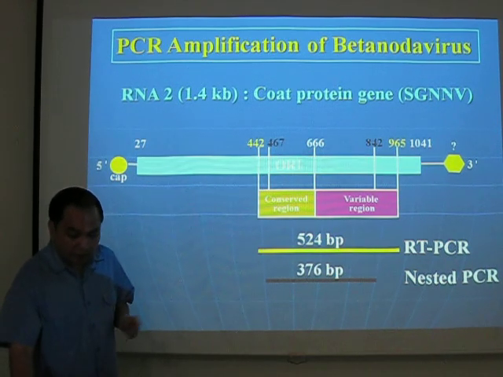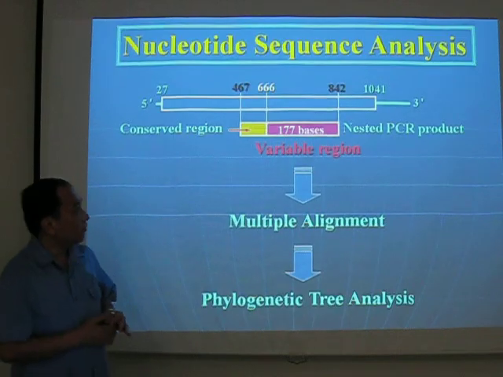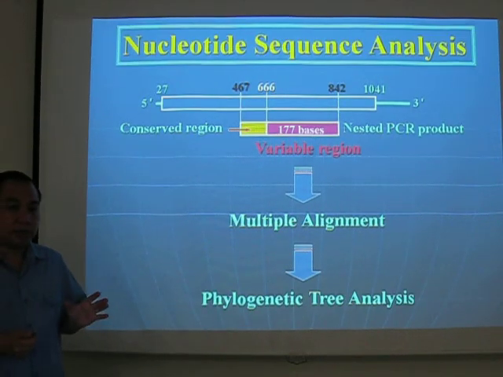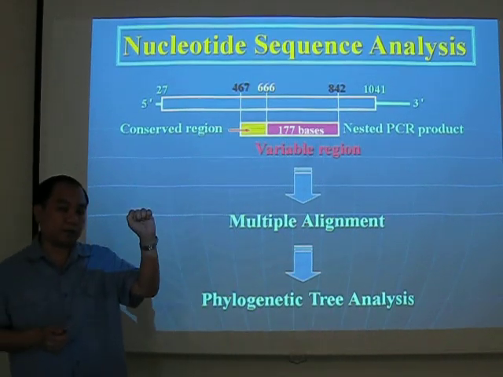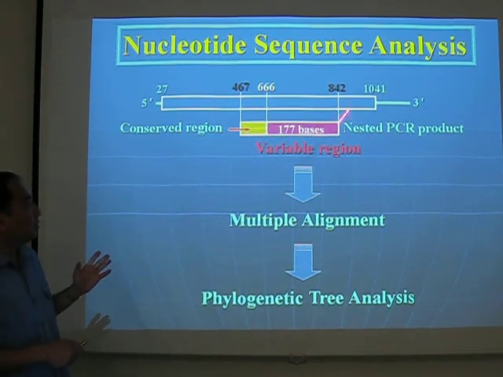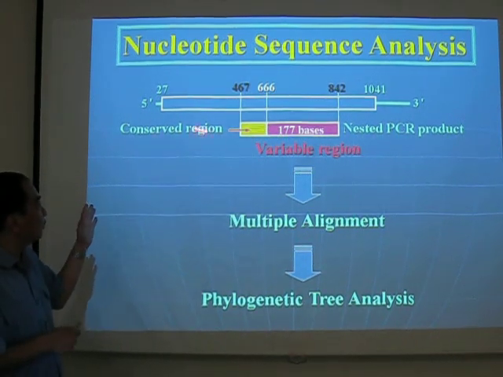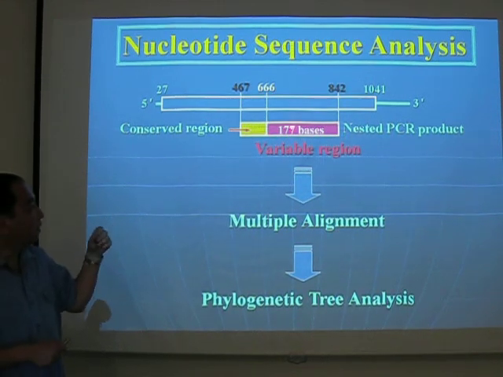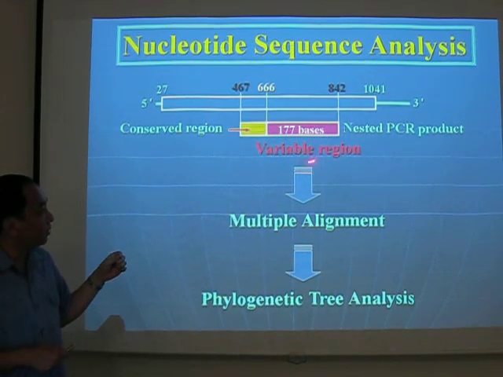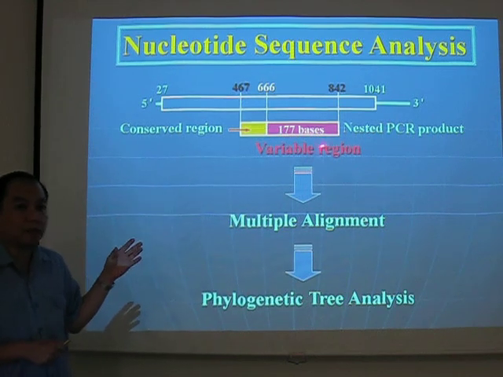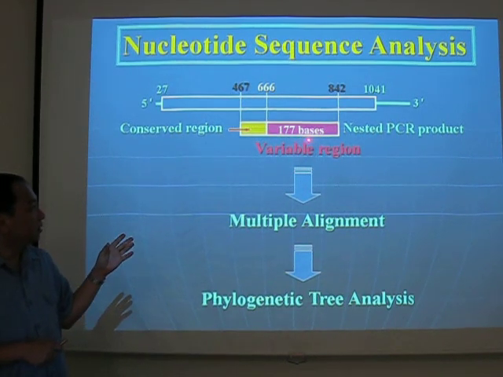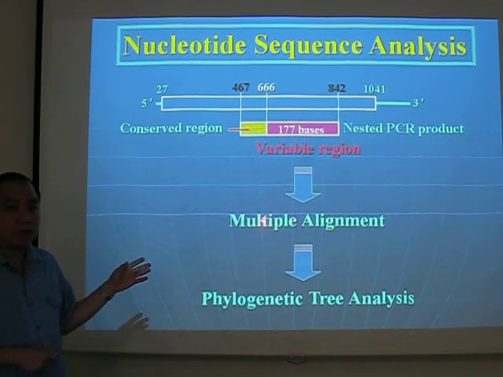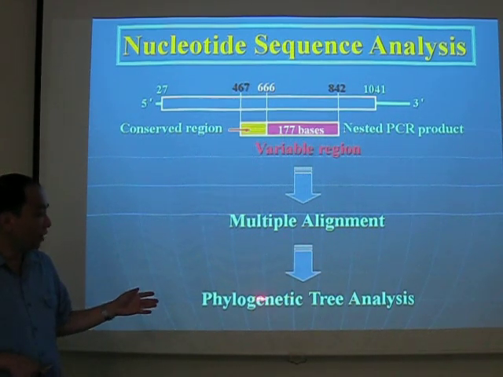So, in the next slide, we do the nucleotide sequencing. After you get the PCR product, we do the nucleotide sequencing by removing the conserved region of the PCR product and getting only a small part, which is the variable region, about 177 bases, and run it for multiple alignment using the nucleotide sequencing and phylogenetic tree analysis.